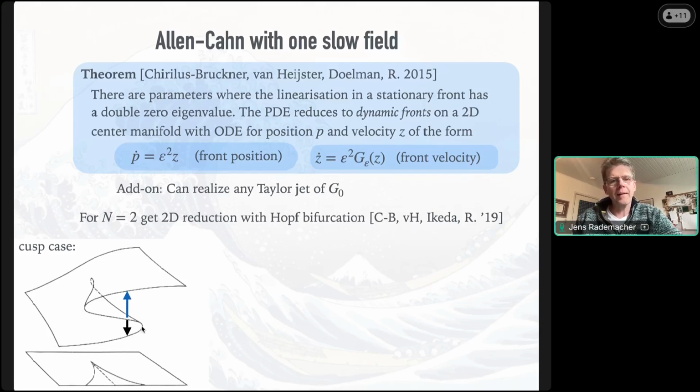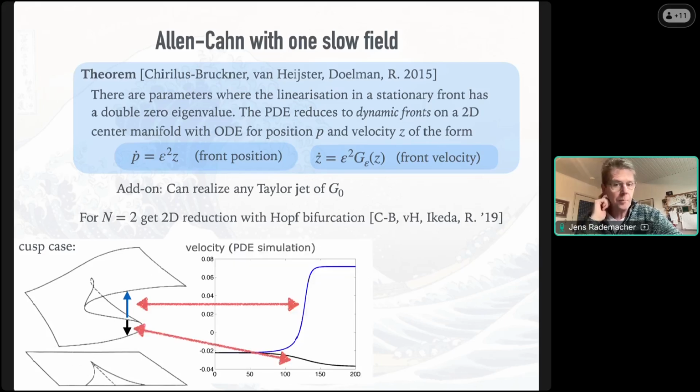Okay, so if I have this abstractly, I can now employ the results that I've presented and find particular parameters where this is really happening in the PDE. So I should be able to really see this in the PDE dynamics. And indeed, this is a PDE simulation where the horizontal is time, vertically is the velocity. And what I'm doing here is exactly like in these arrows.